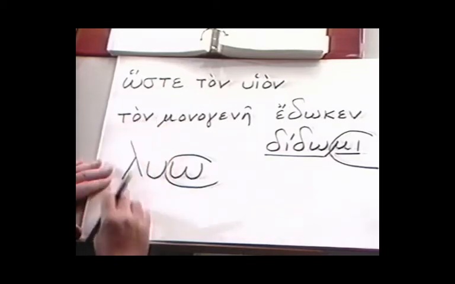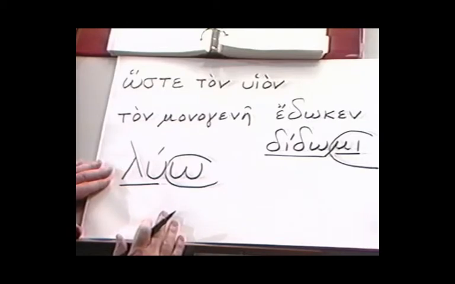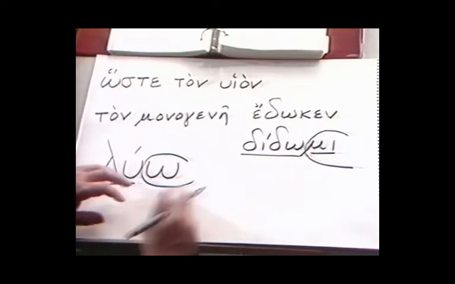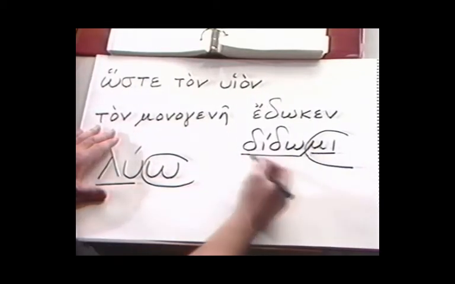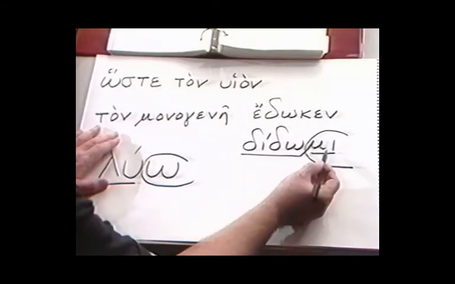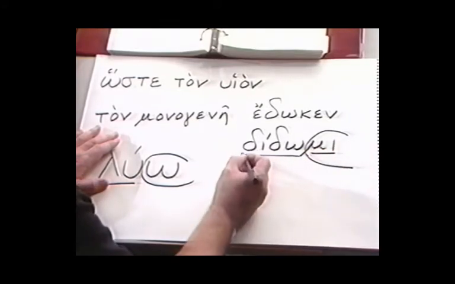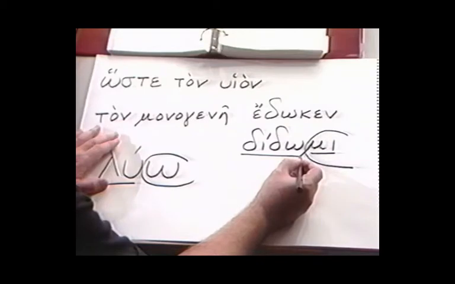You remove it. And what you're left with is the present tense stem of the verb. So how do we get the present tense stem of the verb didomi? We take the personal ending mi, the one that means I, and we knock it off. And what we're left with is the present tense stem.